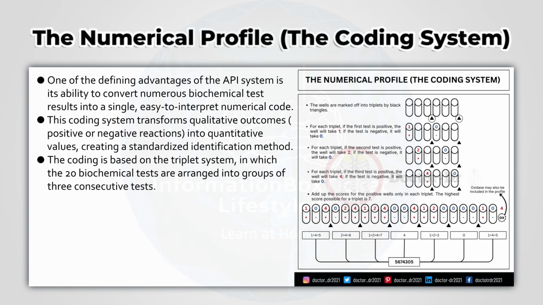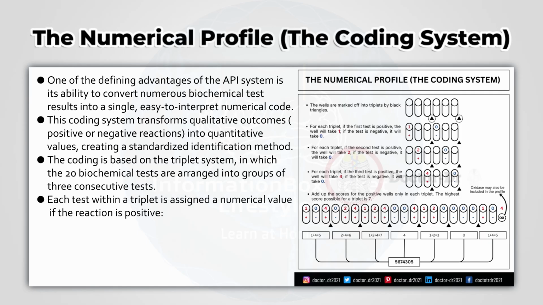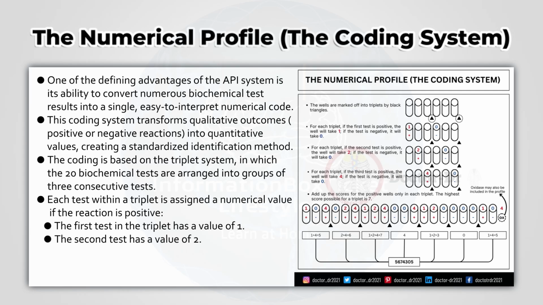of 3 consecutive tests. Each test within a triplet is assigned a numerical value if the reaction is positive. The first test in the triplet has a value of 1. The second test has a value of 2. The third test has a value of 4. If a test is negative, it receives a value of 0.